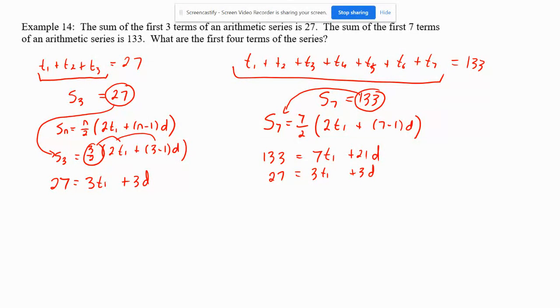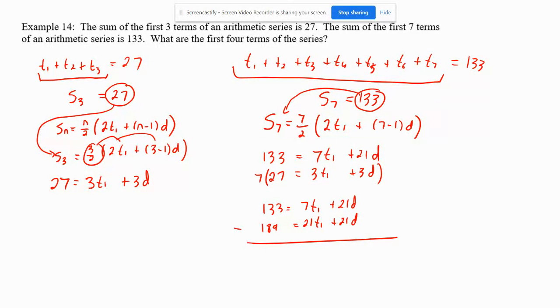Okay, guys, I think I'm going to solve this one by elimination. So what I'm going to do is multiply this equation times 7. That's going to give us 21 here and here. So we get 133 equals 7t1 plus 21d, and 7 times 27 is 189, so 189 equals 21t1 plus 21d.